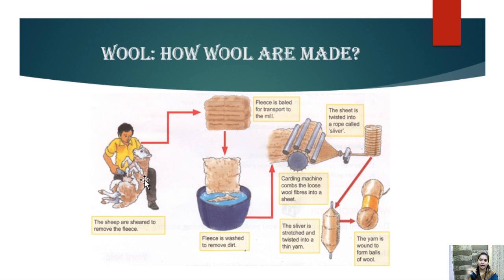Okay, so fleece is taken out, then it is transported to mill where it is washed again and again, and then this machinery is used to convert it into a yarn.